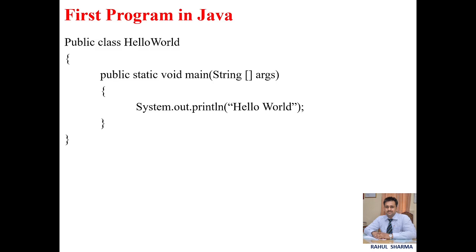First thing is that we will not put a semicolon at the end of the class in Java. We have seen in C++ that we have to put a semicolon at the end of the class, but in Java we will not put any semicolon at the end of the class.